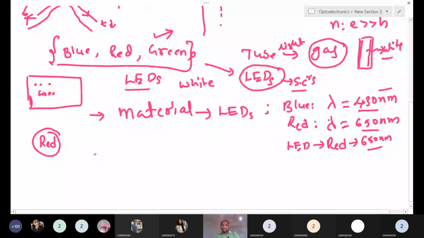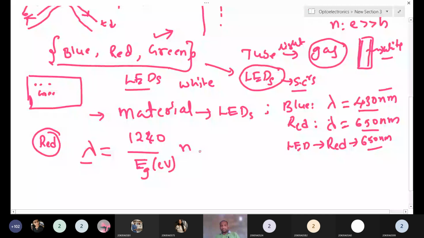So if you want a nearly red color, not exactly red, you have to use a material of band gap 2 electron volts. Suppose this band gap is 2 electron volts, and I am drawing it directly.